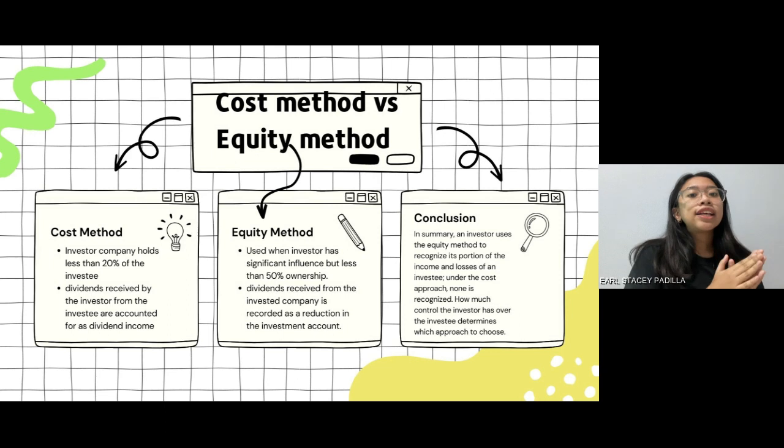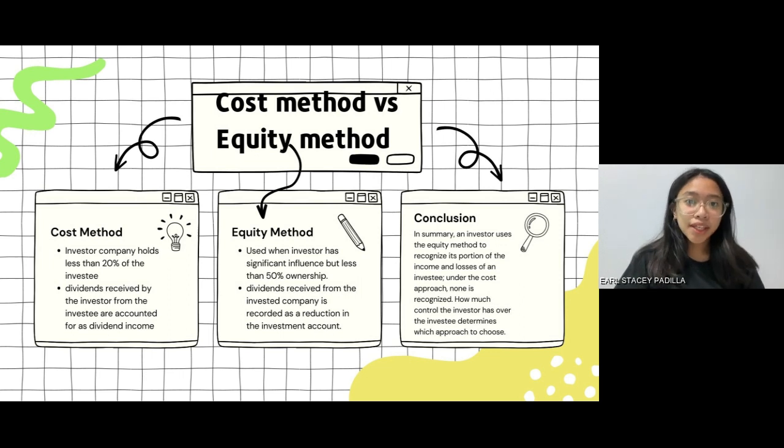Investor A is likely to conclude that the combination of its voting common stock ownership and its representation on the board of directors provides it with the ability to exercise significant influence over the operating and financial policies of investee B. Therefore, the equity method should be used.